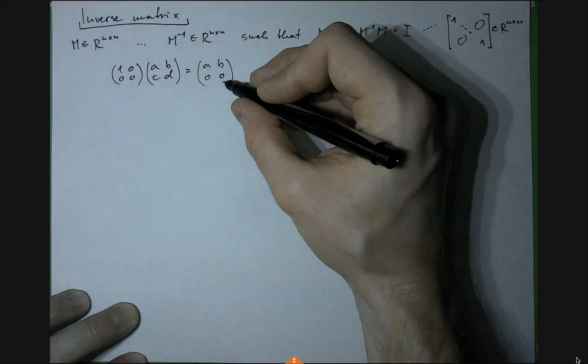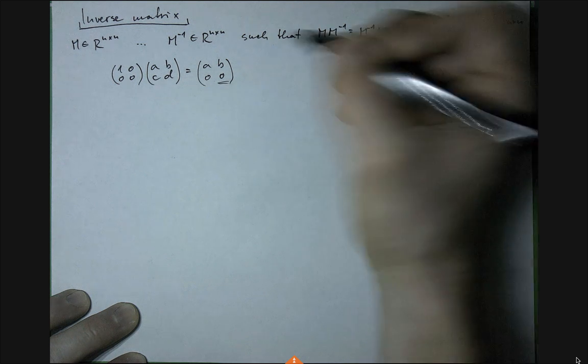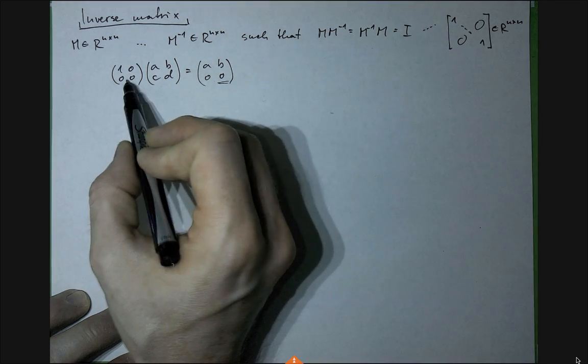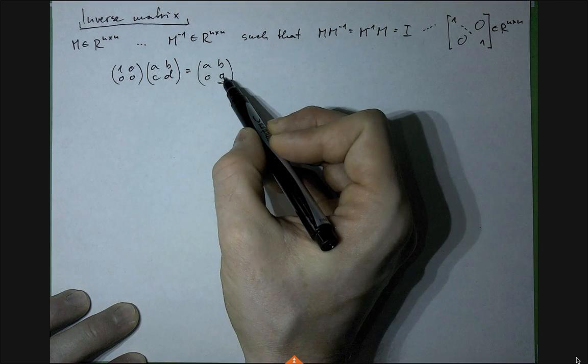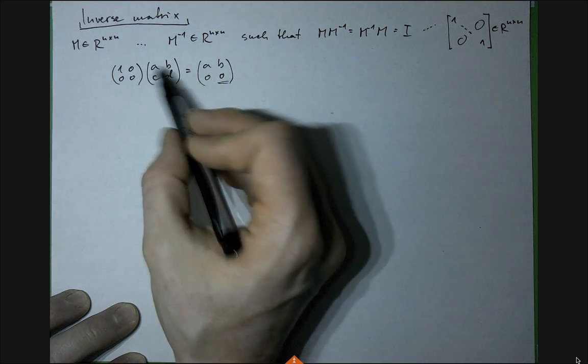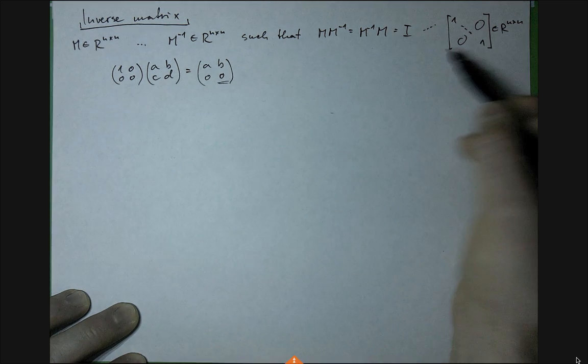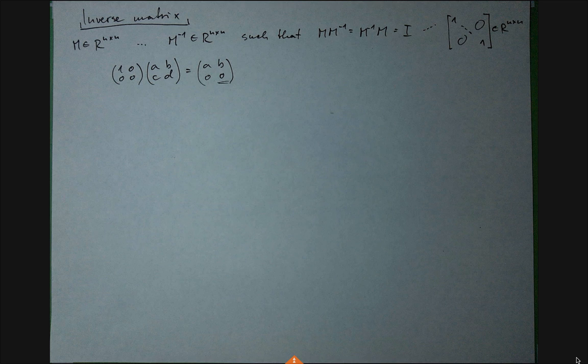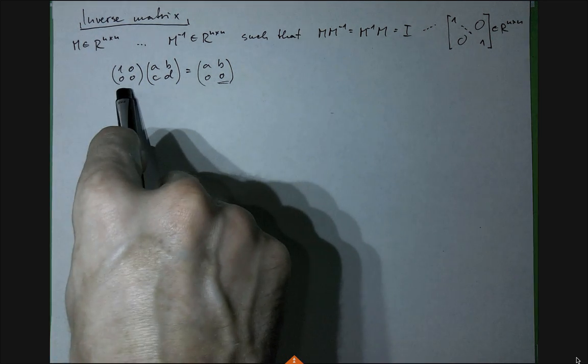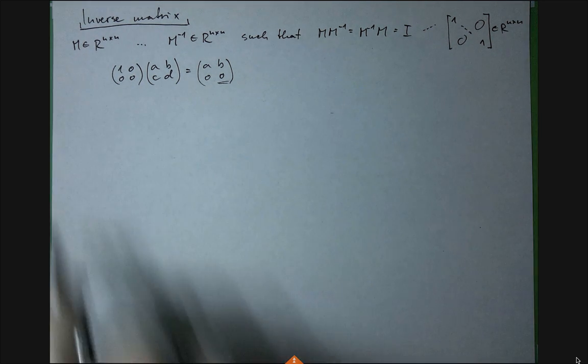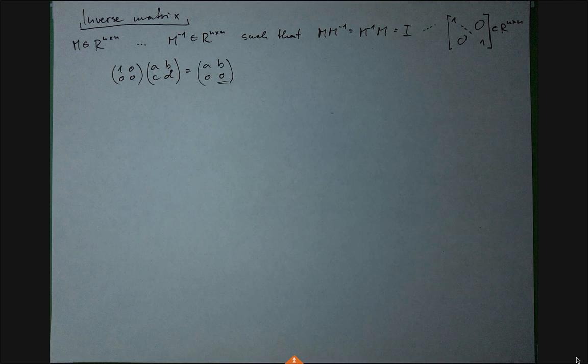Okay, so there is no way to get the 1 here, right? Because the last row times the last column always gives me 0. So no matter how I choose these A, B, C, D, I'll never be able to get the identity. So in this case, the inverse matrix does not exist. And we will have more to say about it later, because it has to do with singular matrices and rank of a matrix. And don't worry, we'll get there.